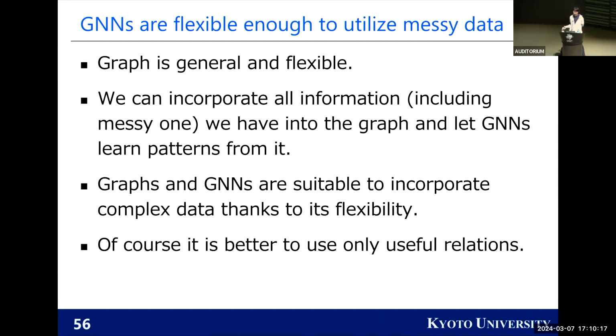GNNs learn useful patterns from the rich information defined in knowledge graphs and other auxiliary data. Graphs and GNNs are suitable for this kind of inference because they are very flexible, and we can attach many kinds of complex data to the graph and let GNNs process such complex data in a unified way.